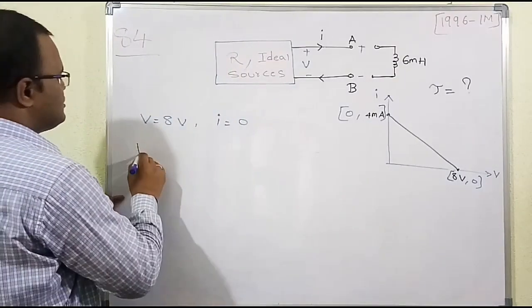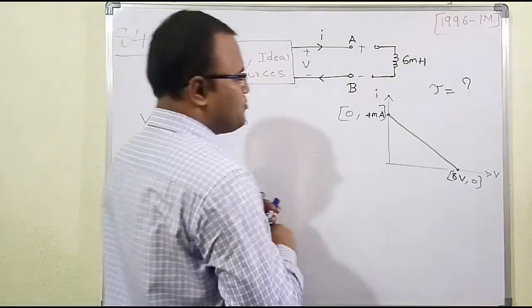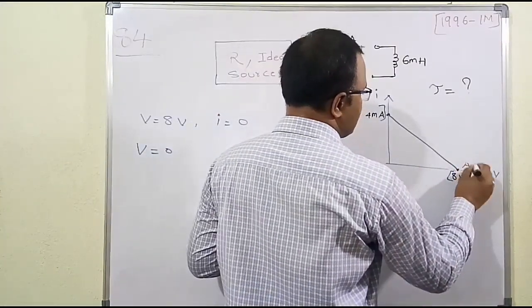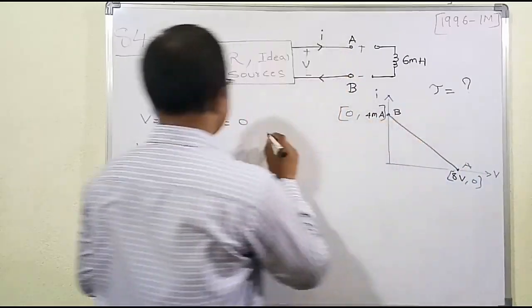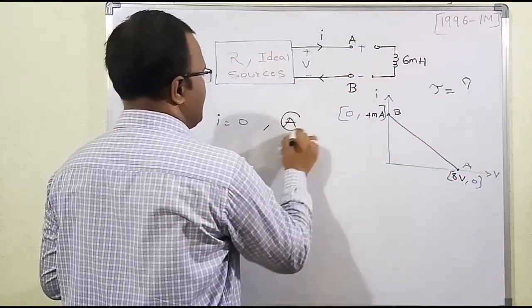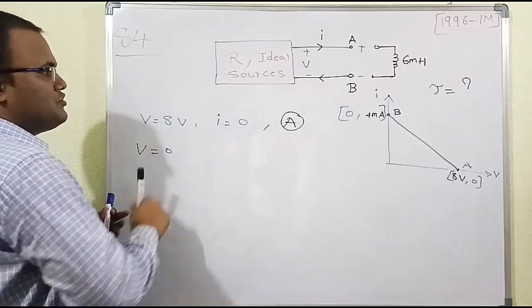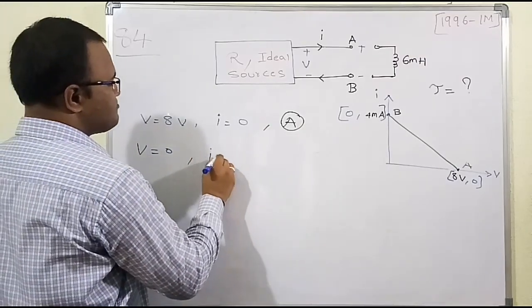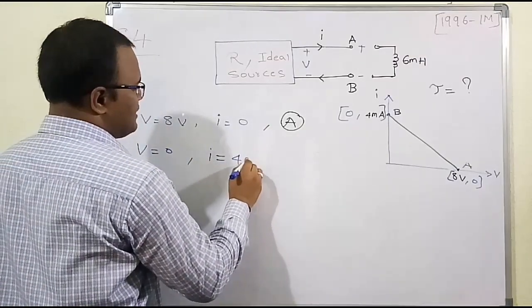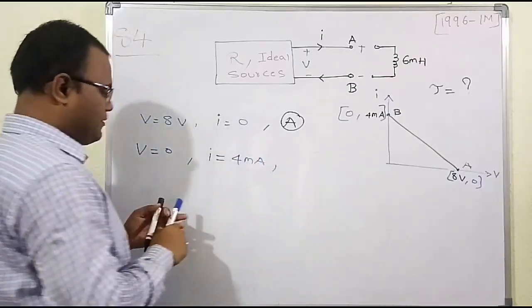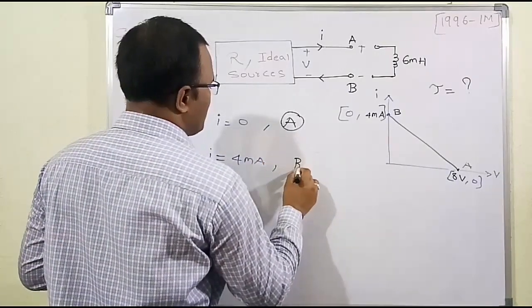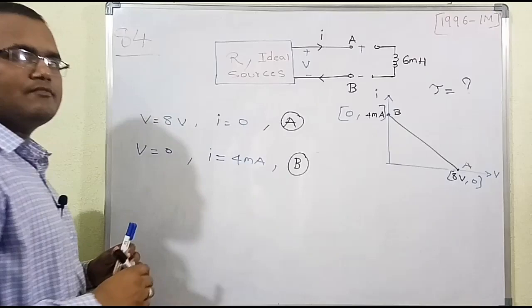So the voltage is equal to 0. Let me assume this as point A and this as point B. At point A, the voltage is 8 volt and the current is 0, and at point B, V is equal to 0 and the current is 4 milliampere. These are the 2 points I am considering.